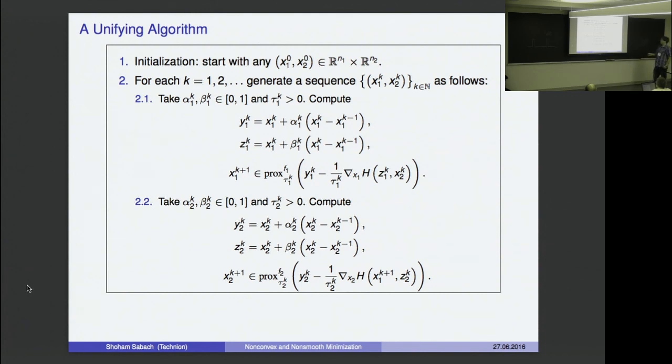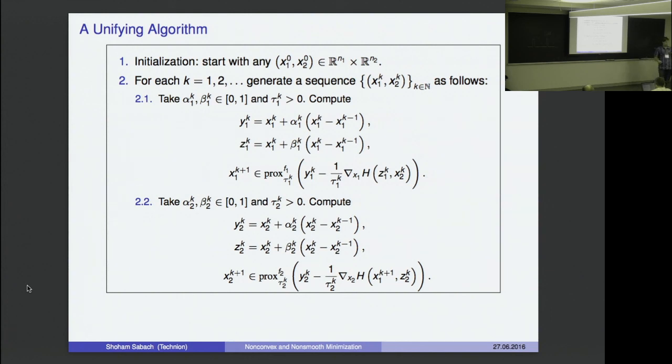With respect to the first block, we keep the second block of variables x2 fixed, and we do a proximal gradient step only with respect to the first block. With respect to the first block, we have only one non-smooth function, which is f1. Then the alternating idea comes into play: we fix the first block after we update it, and compute another proximal gradient step, now with respect to the second block.